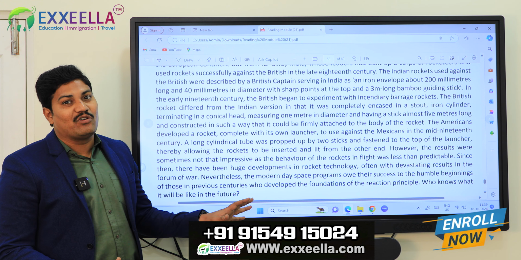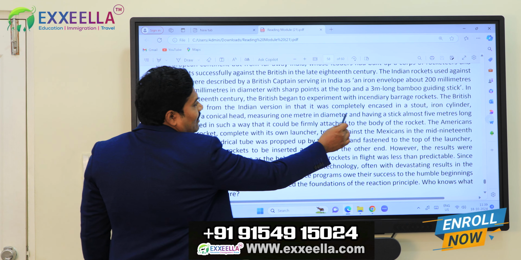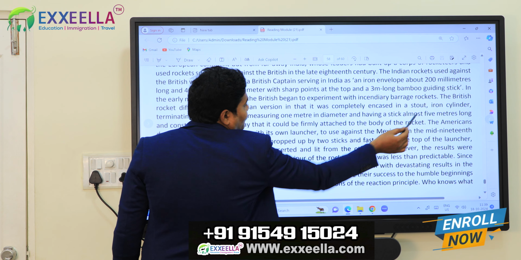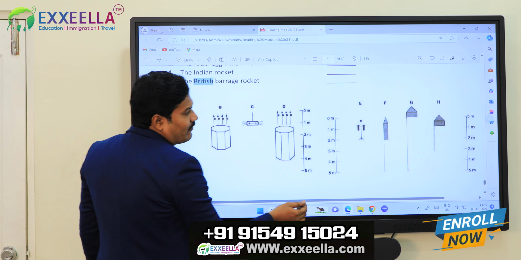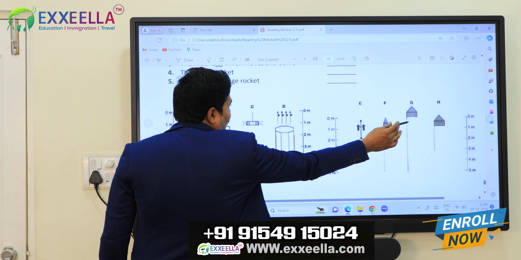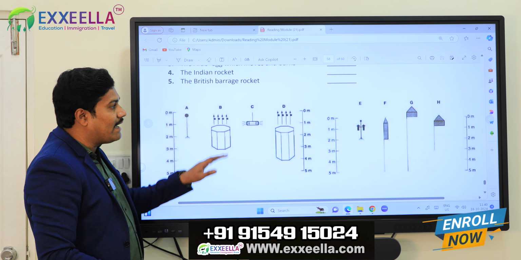Just observe here: it was mentioned that it has a stick almost 5 meters long. We have only one diagram with a 5 meter long bamboo guiding stick, so that is option G. G is the answer for this question.